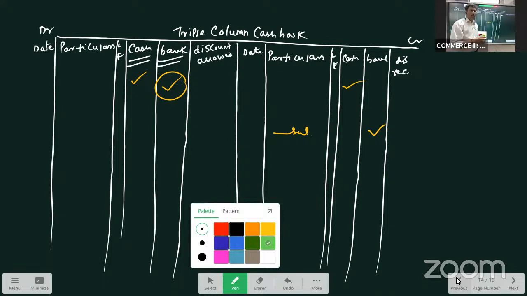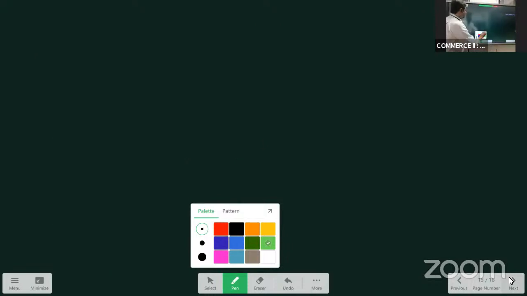And if it is an outflow, write it on the credit side. How can any transaction be both a receipt and payment? Well, there is an exception, I'll tell you. So now we are going to learn those exceptions, which are called contra entries.